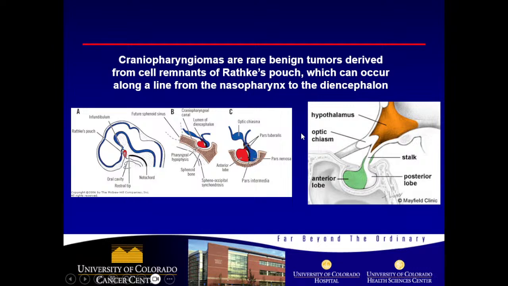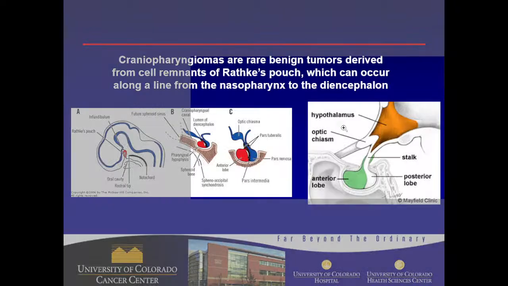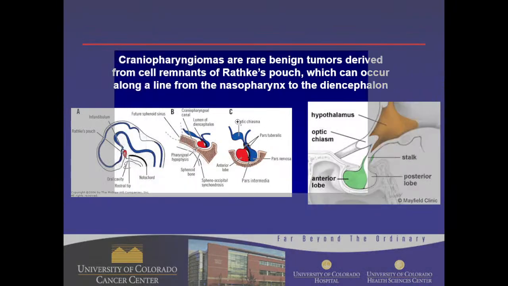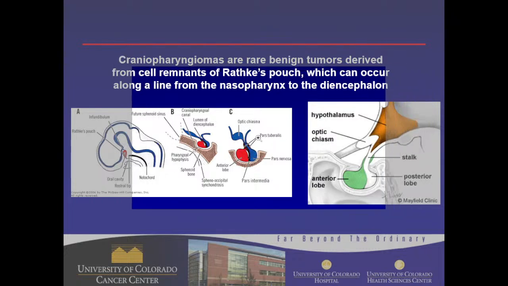About 30% of the time, craniopharyngiomas can be purely within the sella. More commonly, they arise along the stalk, but they can be anywhere along the migration of the Rathke's cleft cyst. So they can be in the third ventricle, or down in the sphenoid sinus below.